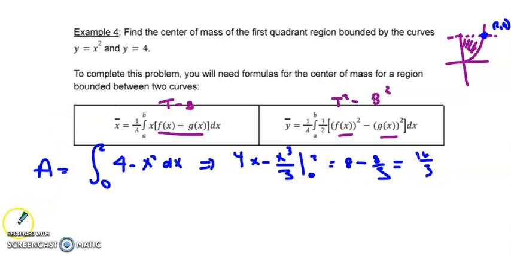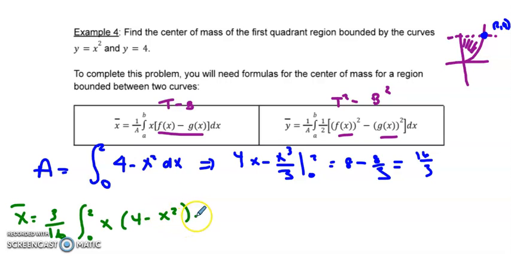Let's go ahead now and get x bar, which I start with 1 over area. And instead of taking 1 over 16/3, I'll just take 3/16. And then I need the integral from 0 to 2 of x times, and then I need top curve minus bottom curve, so 4 minus x squared. So then I will go ahead and integrate. When I distribute here, I get 4x, so that integrates to 4x squared over 2.